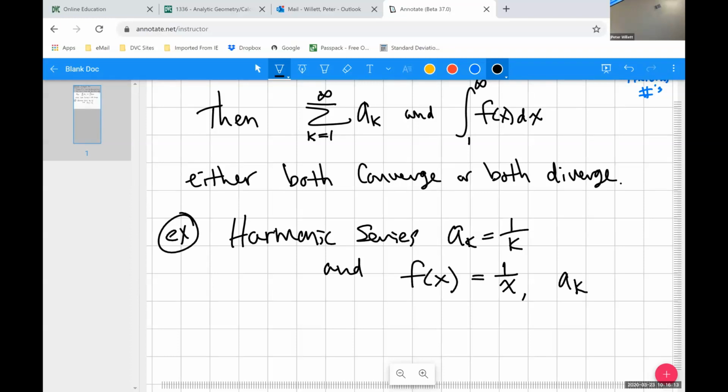So that a sub k is equal to f of k, because they're just basically the same formula. Instead of a k, you have an x.